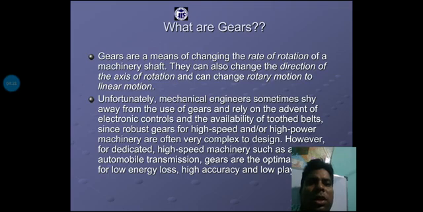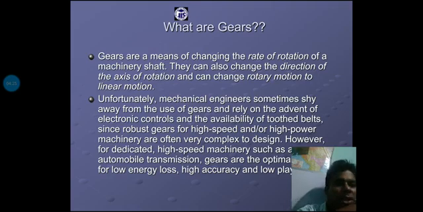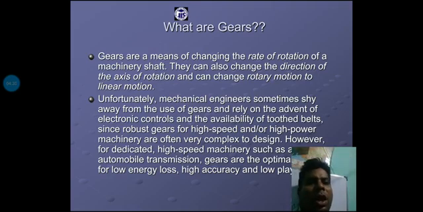They can also change the direction of the axis of rotation, and can change the rotary motion to linear motion. So gears not only transfer motion or torque in the same direction. It can also happen from linear motion to rotary motion or rotary motion to linear motion. That is also possible in gear.